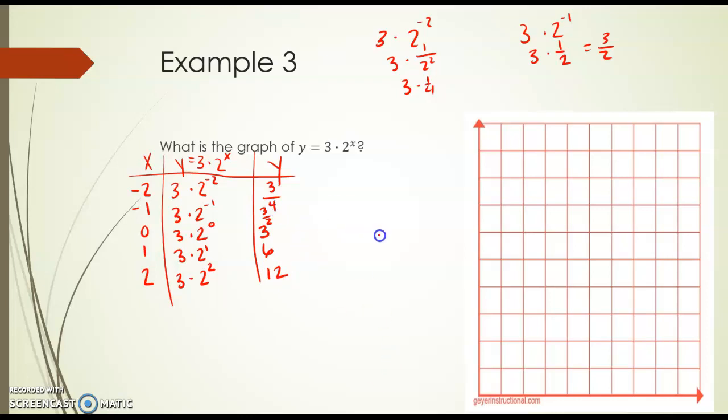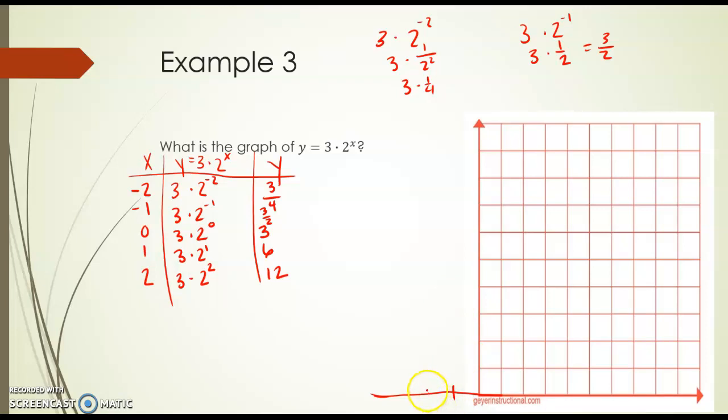I totally should have picked one that went beyond the first quadrant and not just one. I don't know.